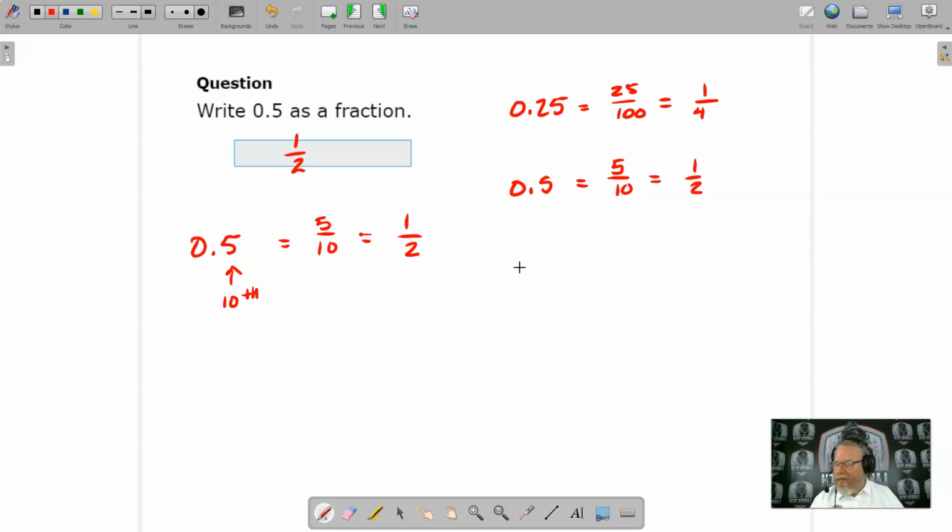And then we have 0.75, and this would be 75 hundredths. So we'll put that there, 75 over 100. And then 75 and 100 are both divisible by 25, and that would simplify down to 3 over 4, right? So 0.25 is equal to 1/4, 0.5 is 1/2, and 0.75 is 3/4. Also notice that 1/2 is equal to 2/4. So we're kind of dealing with quarters here.